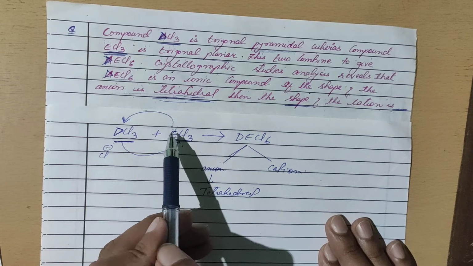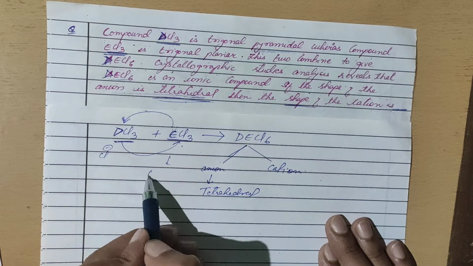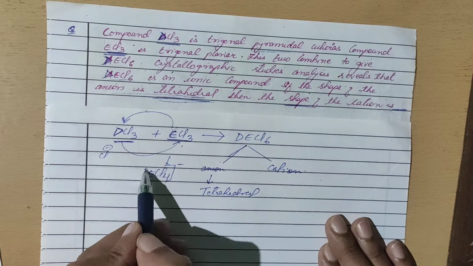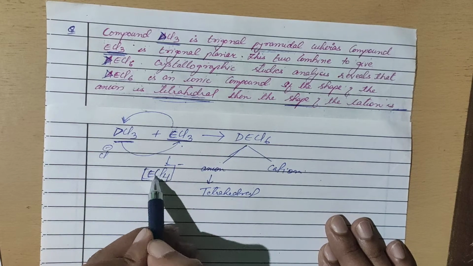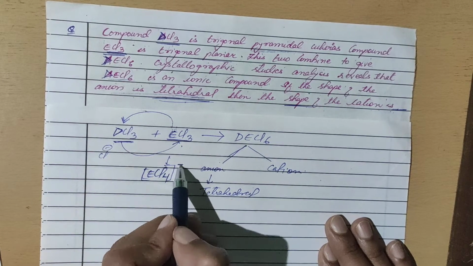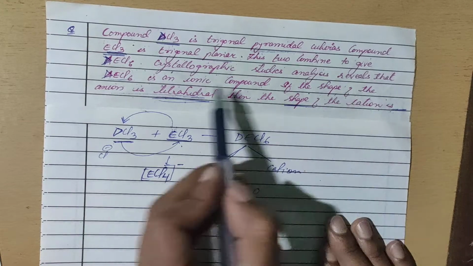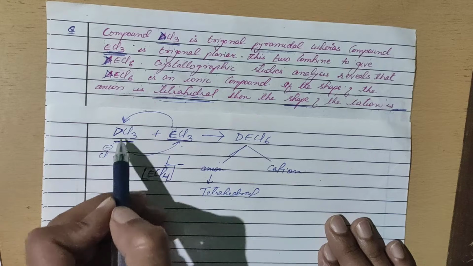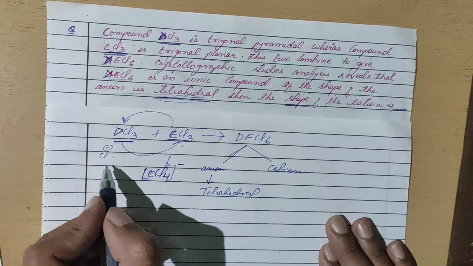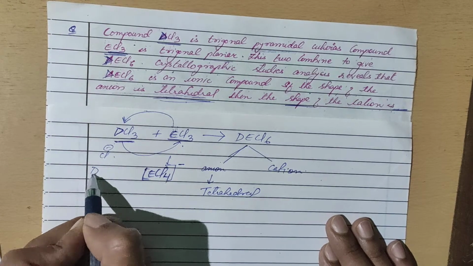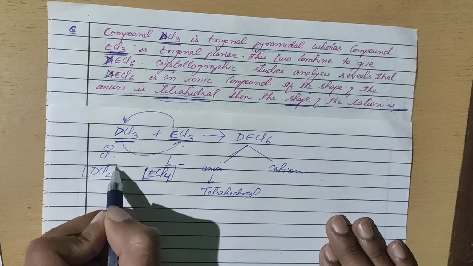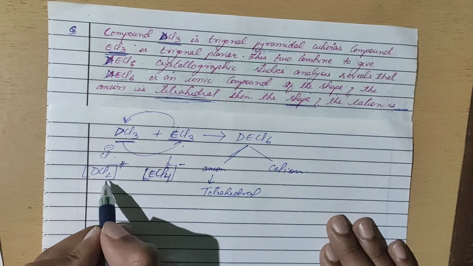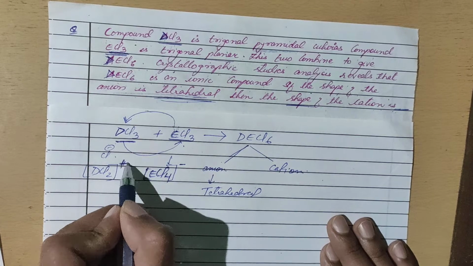So it becomes ECl4 minus, which is correct, as the shape of the anion is tetrahedral. Now what is left is DCl2, and it has to carry a positive charge.